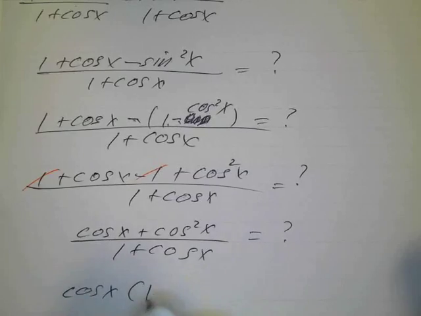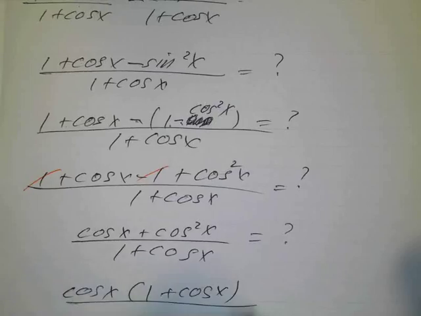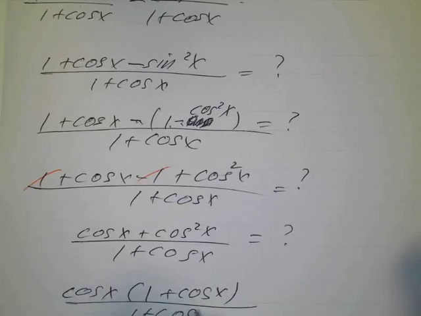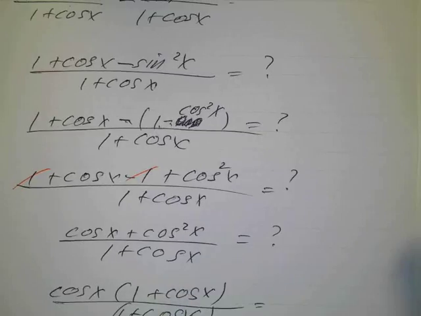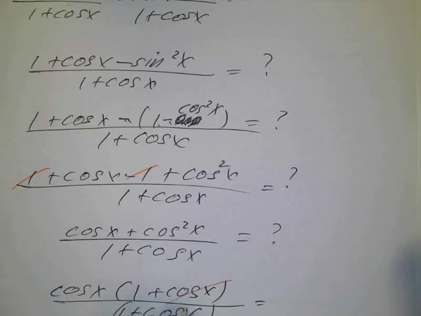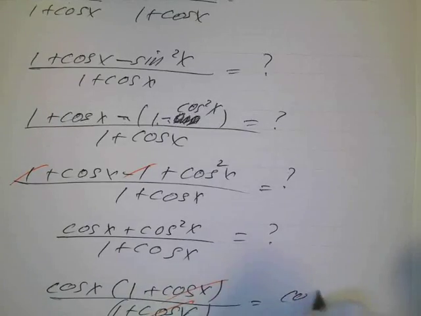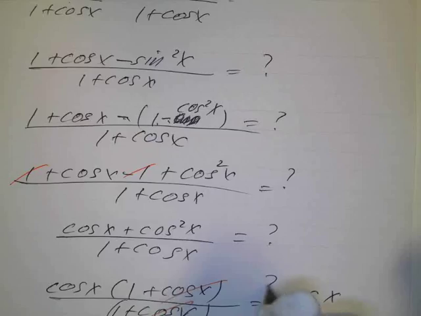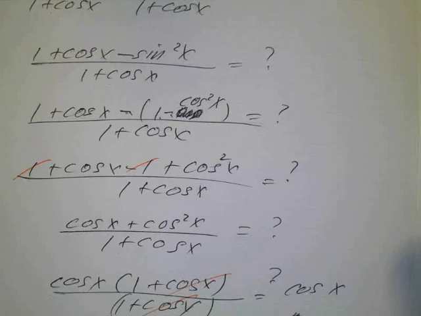If I factor out the cosine of x, what's left? 1 plus the cosine of x all over 1 plus the cosine of x. Looks like a perfect match to me. So that over that is 1, and I've got the cosine of x. Cosine of x equals the cosine of x, and you're done.